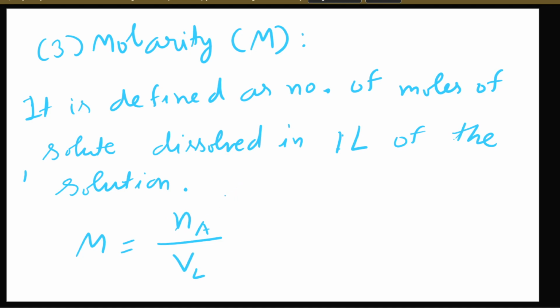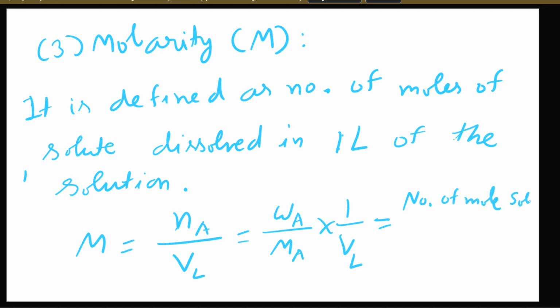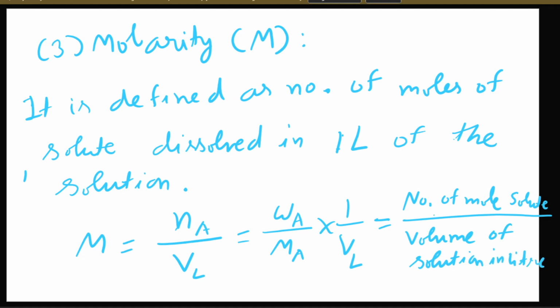You know that the number of moles is equal to the weight of solute divided by the molecular weight of solute, multiplied by 1 by V, the volume in liter. Understand, this is the term molarity.